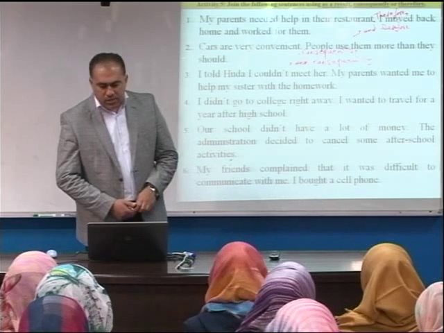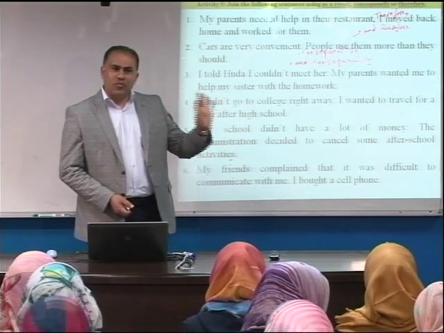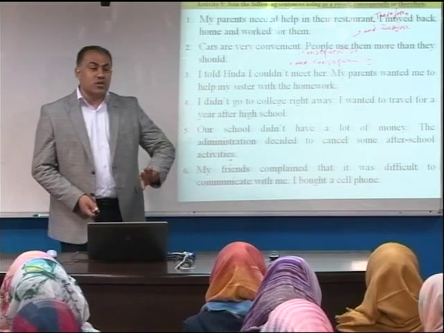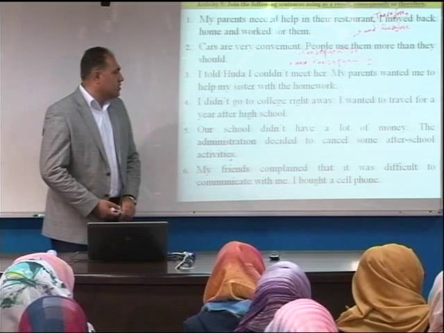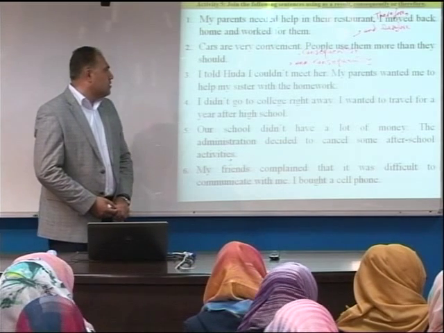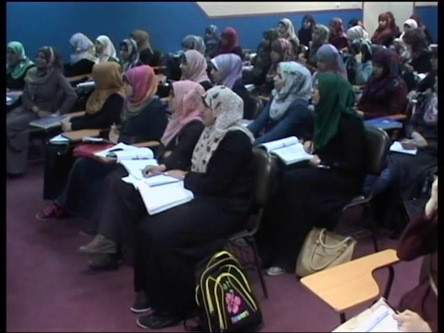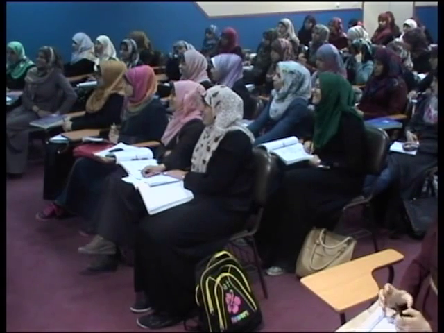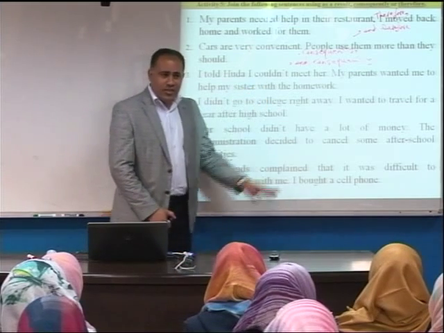What we're talking about is "as a result," "because," "therefore," and "consequently." My parents wanted me to help my sister with the homework. Full stop, therefore, comma, I told her that I couldn't meet her. We're looking at number 3, is that right?